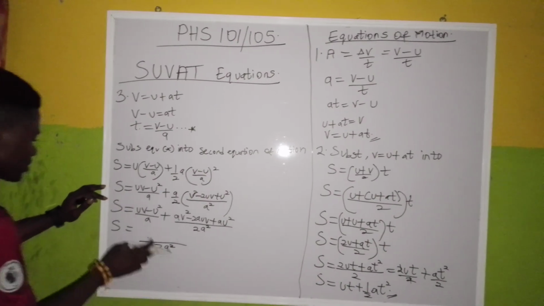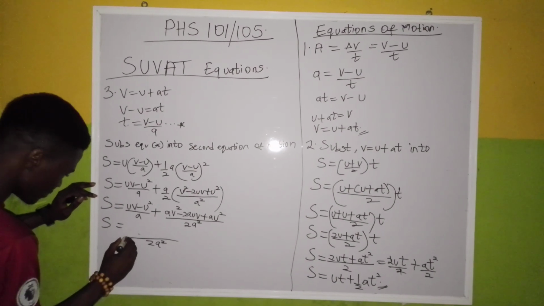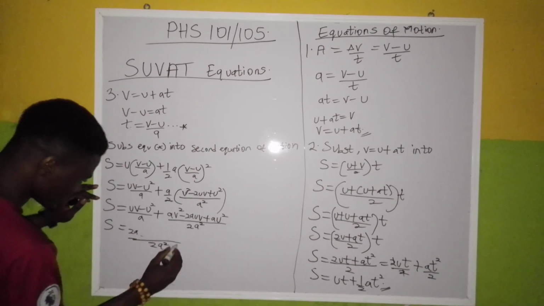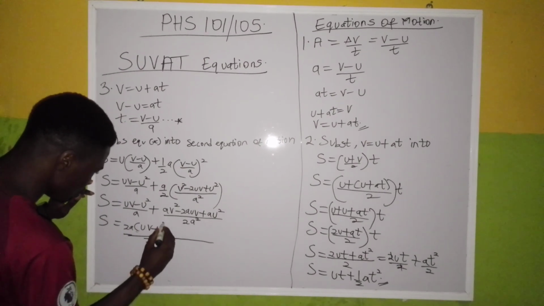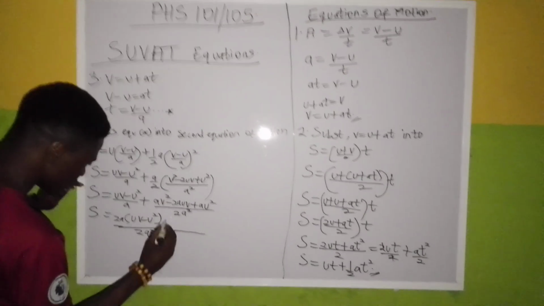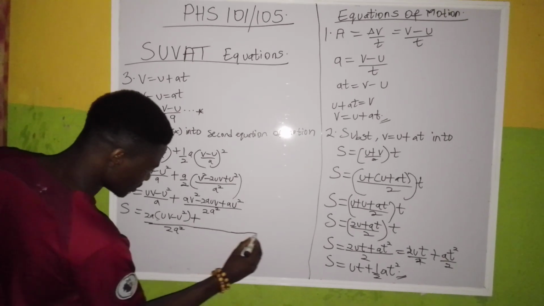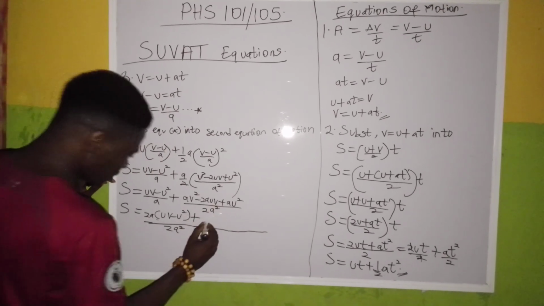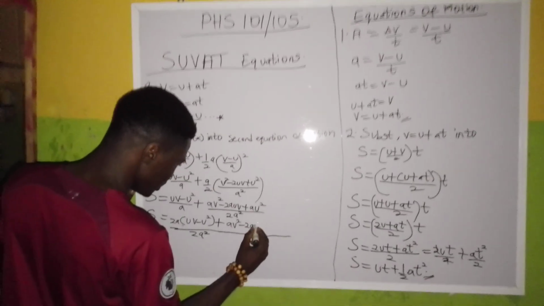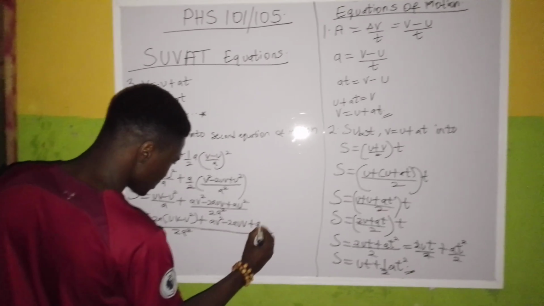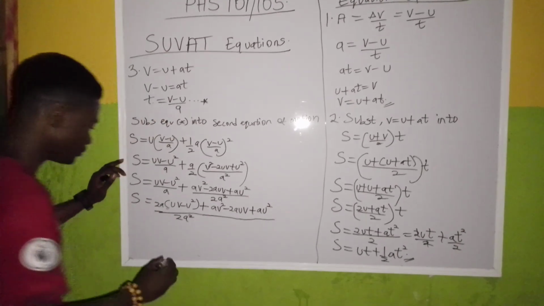Now 2a squared divided by a will be 2a, times uv minus u squared, plus av squared minus 2auv plus au squared.